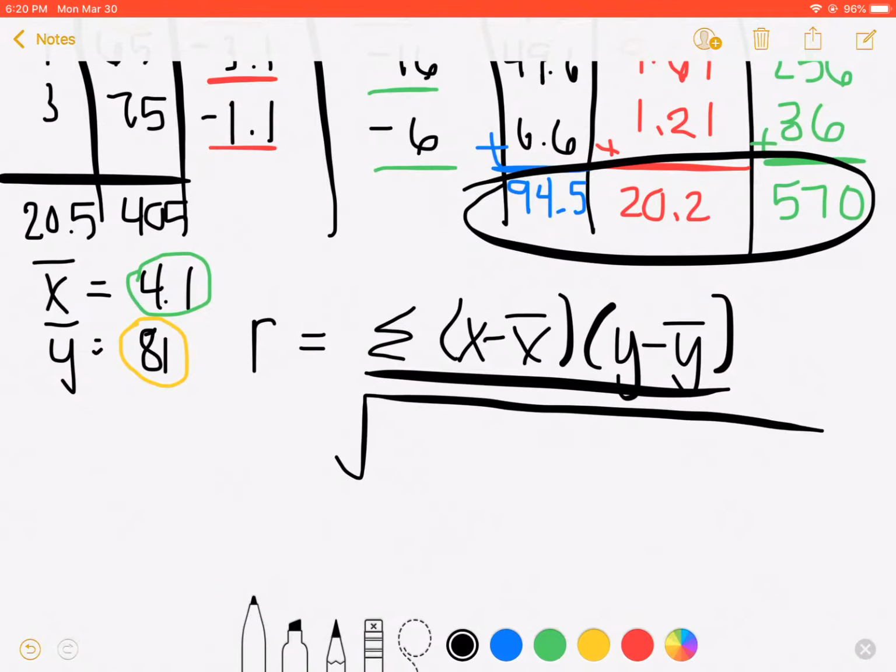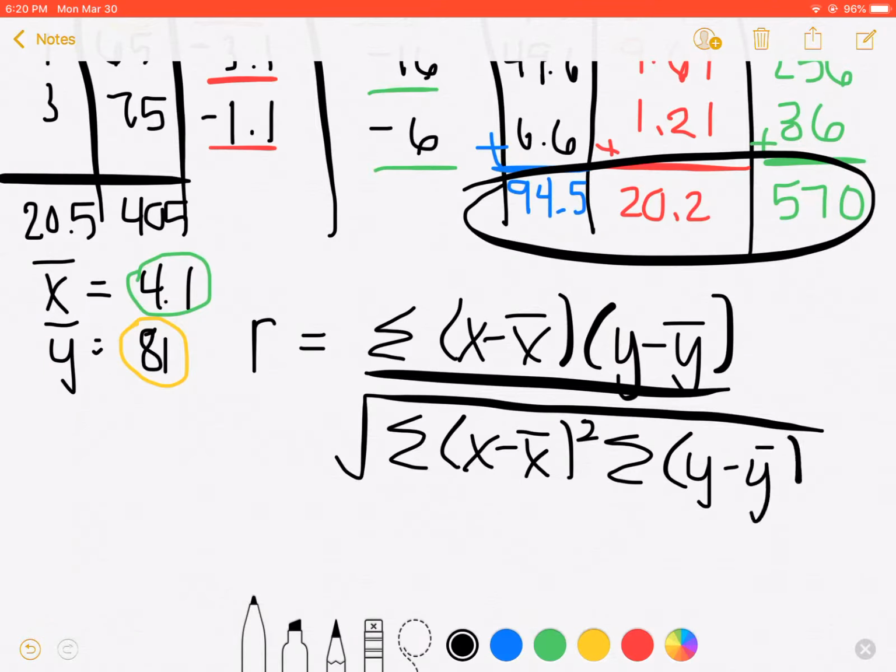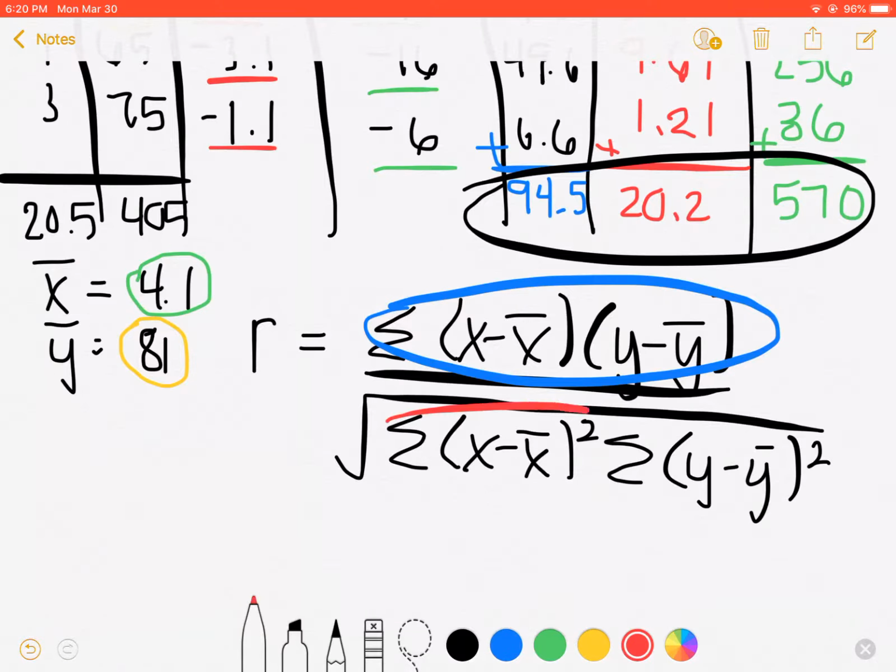And then the bottom is the sum of x minus x mean squared, so that's our red number, times the sum of y minus y mean squared, which is our green number. So this right here is your blue number, this is your red number, and this is your green number. Those three numbers are what you need to find your R value.